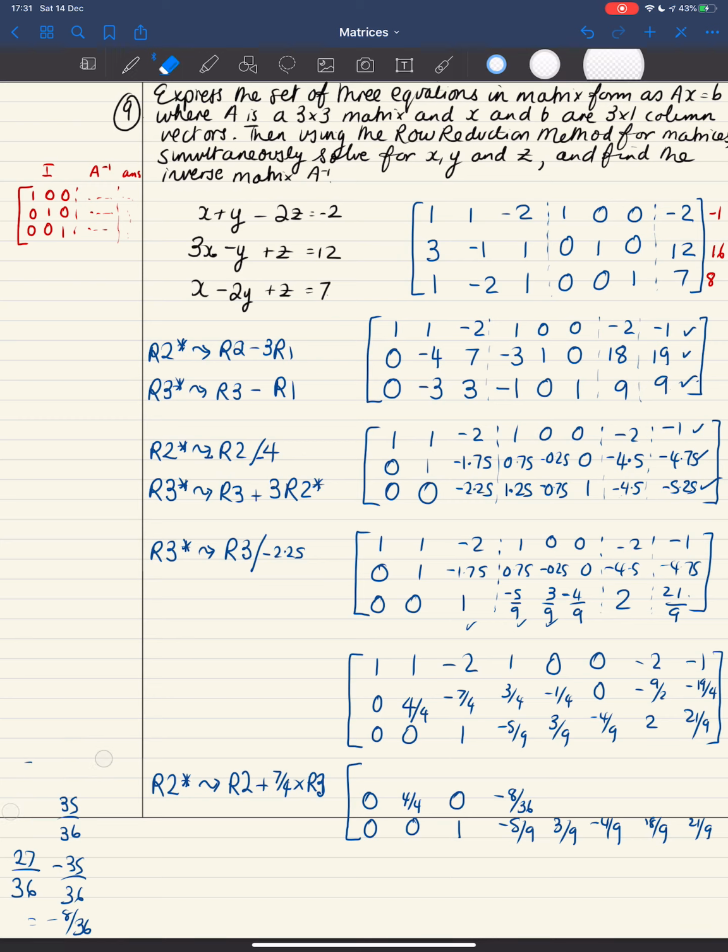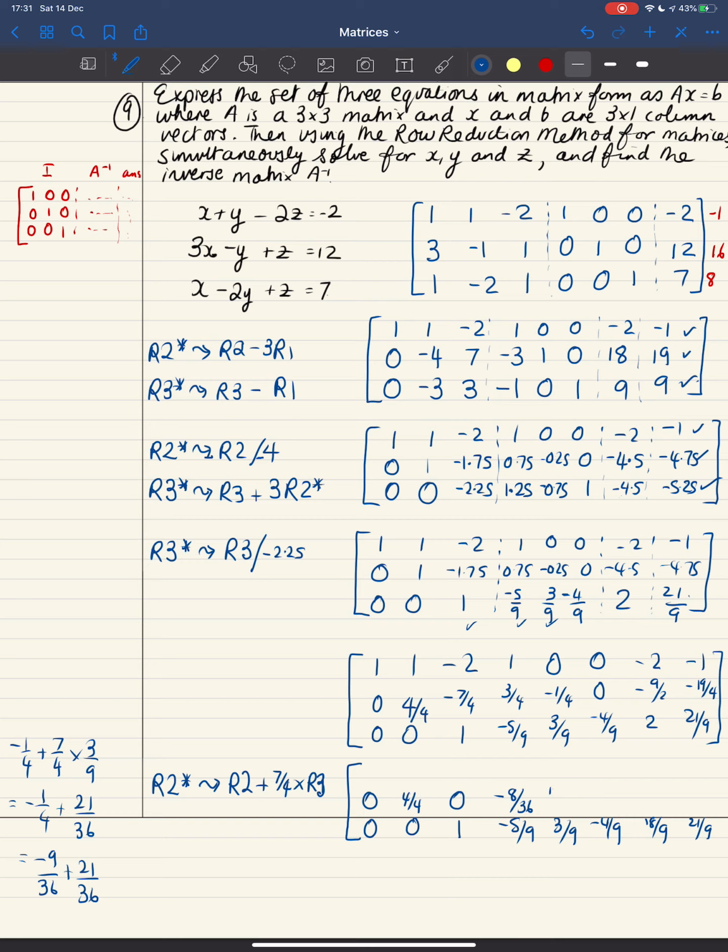Okay, so the next one is going to be minus a quarter plus 7/4 times 3/9. This is minus a quarter plus 21/36. Minus 9/36 plus 21/36 is 12/36.